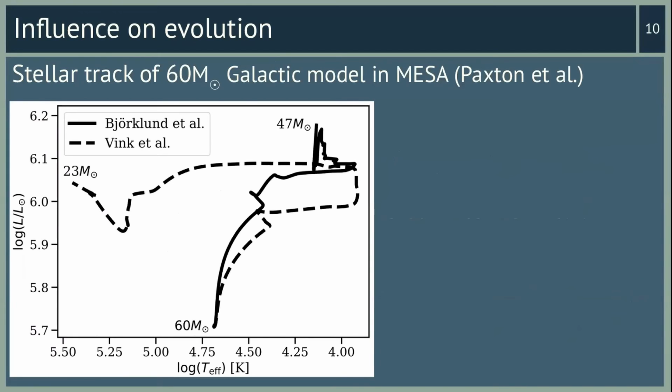So if we now look at how this impacts the stellar evolution, I show here the evolutionary track of a 60 solar mass star using the different mass loss prescriptions. And I want to focus on two results here in this plot.